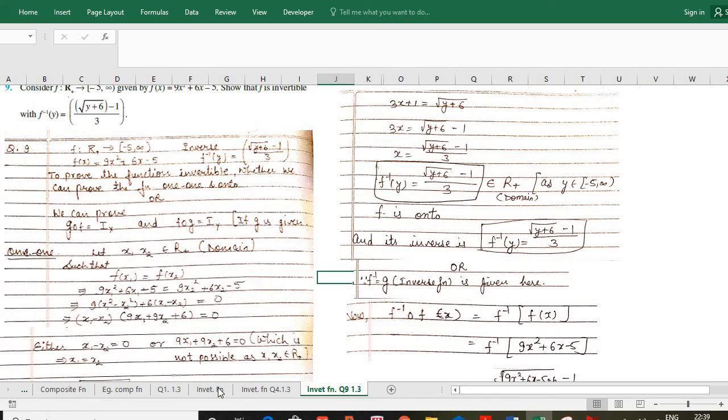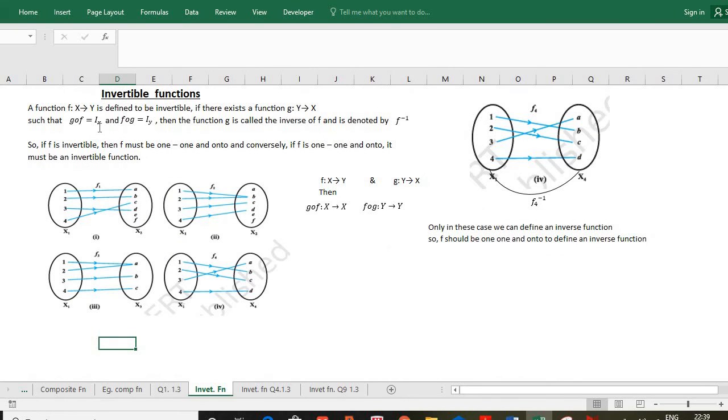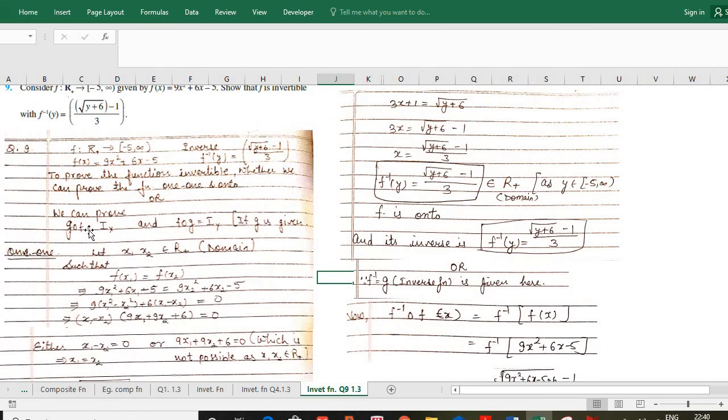Now we can use the definition of the composite function. If we are able to prove that gof equals Ix, here x is the first set, which is R plus, and fog equals Iy, where y is (-5, infinity).